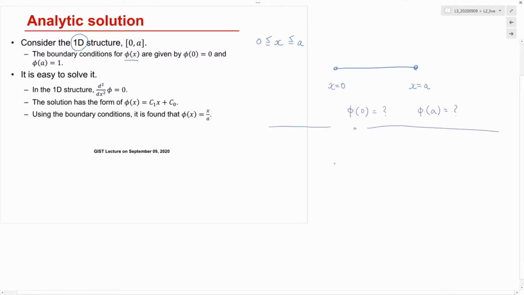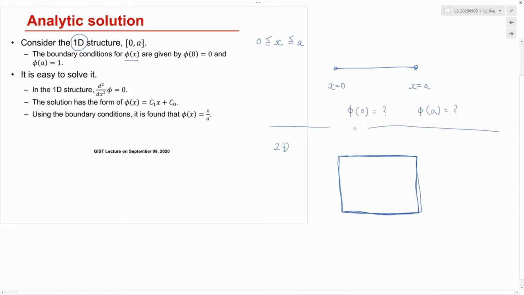Then how about the two-dimensional case? If we are working with a two-dimensional case, then now we have this box-like structure. Then, of course, one way is to set the values around all the peripheral region of this box.